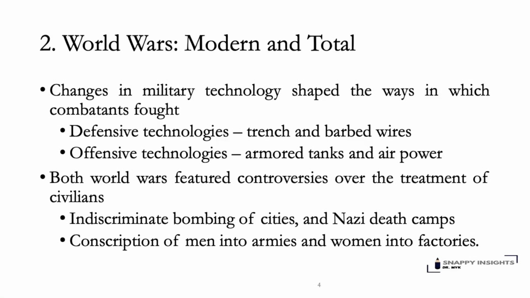So if you want to understand how conflicts continue to unfold, and perhaps the complexity and intensity of these conflicts, these two world wars will give us an idea into how we got here, and perhaps could even help us to attempt a scientific guess of what the future of warfare is going to be like.